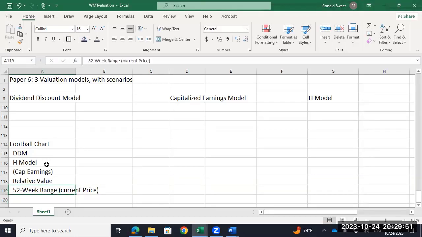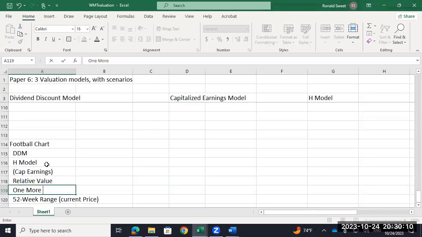The one other model we'll talk about, and I can't get Capital IQ to work on my laptop. I got to get it to work. I do want one more model. You can use the one I'll show y'all that I have already built, but I don't like it that much.